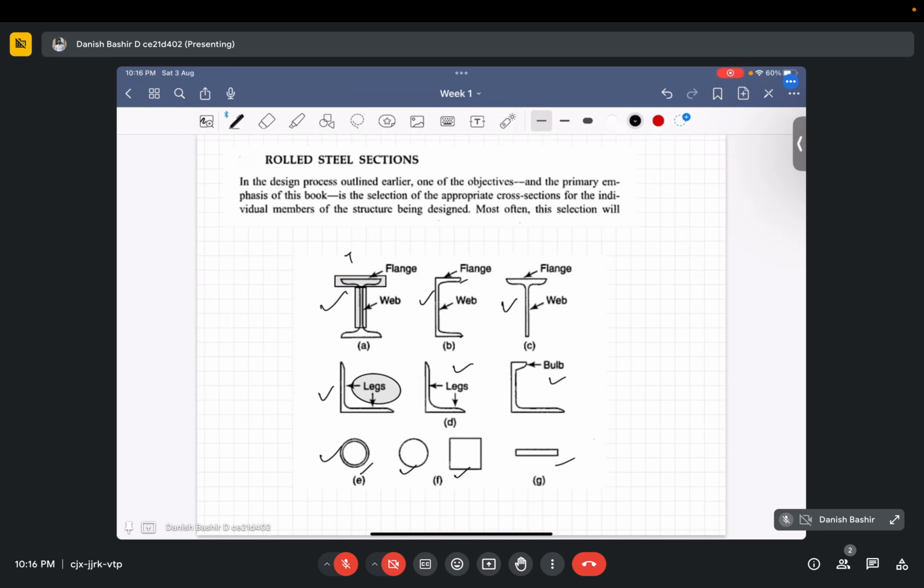Okay, like this is a tube section, this is angle, let me write. This is I, this is I section, this is channel, this is channel section, this is T section. Okay, then these are angle sections. This importantly is a tube section.